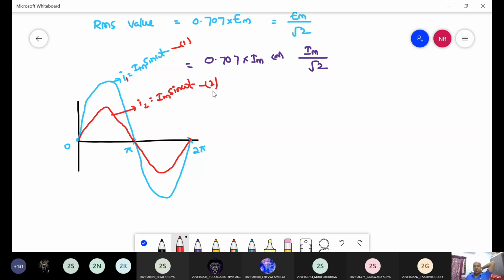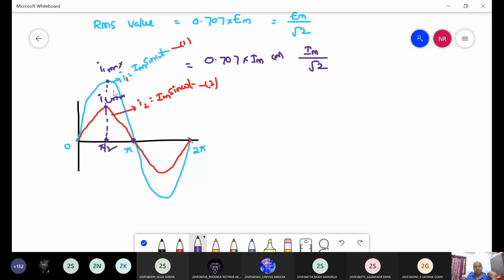Here it is I1 max, here it is I2 max. Both reach their maximum value at the same time interval, here assume it is pi by 2, and both reach minimum values at the same time interval.